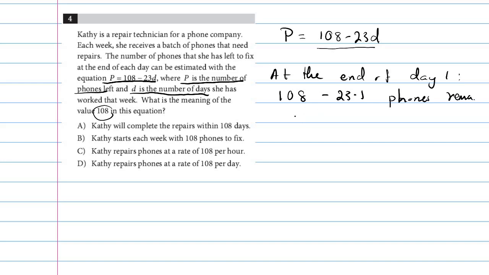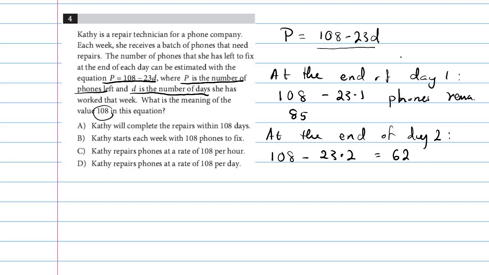This is just 108 minus 23, which is 85. At the end of day 2, you have 108 minus 23 times 2, which is 62. So you have 62 phones left.